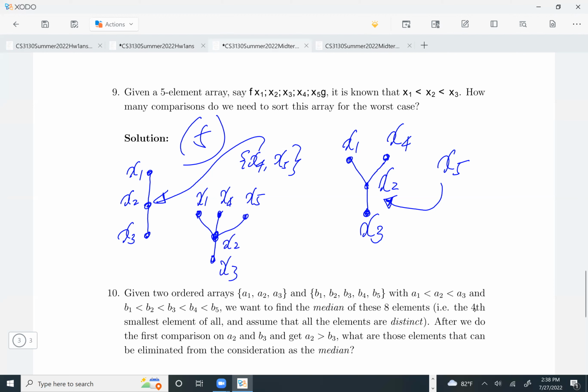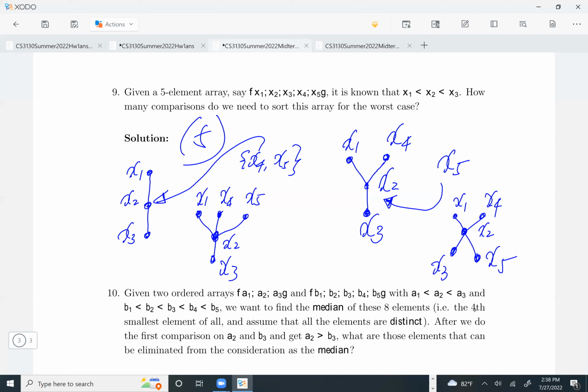That's one. Another one: x1, x4, x2, x3, x5. These 2 cases.